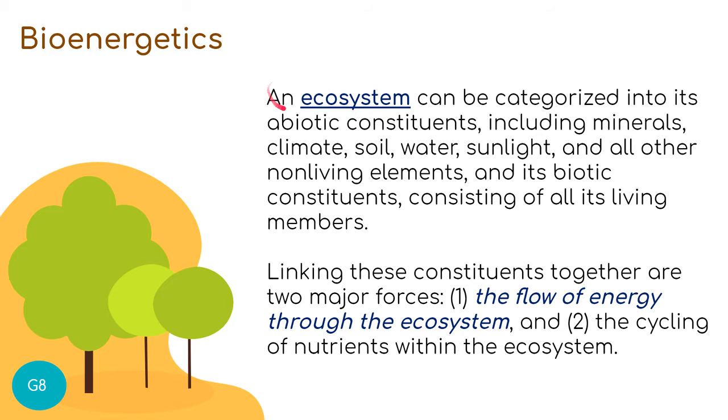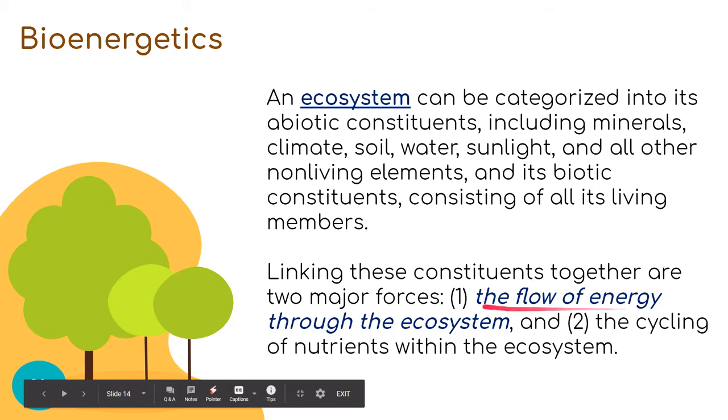So an ecosystem is made up of abiotic and biotic factors. Linking these two constituents together would be the flow of energy within the ecosystem and the cycling of nutrients within this level of organization. For this video, we will mostly focus on the flow of energy through the ecosystem.